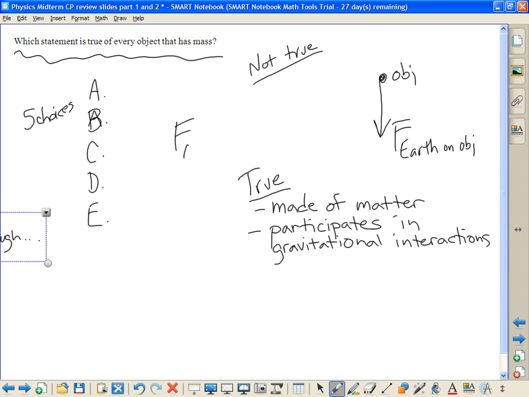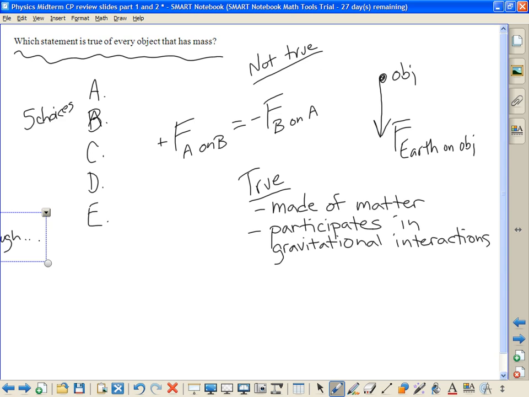Yes. Remember your Newton's third. For every force of A on B, there's an equal and opposite force of B on A. So if you hear about force of Earth on object, you think force of object on Earth.